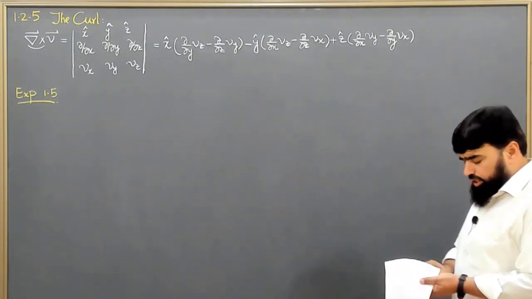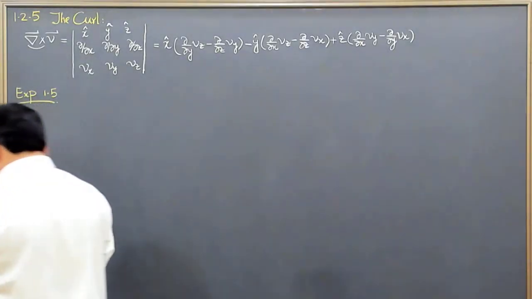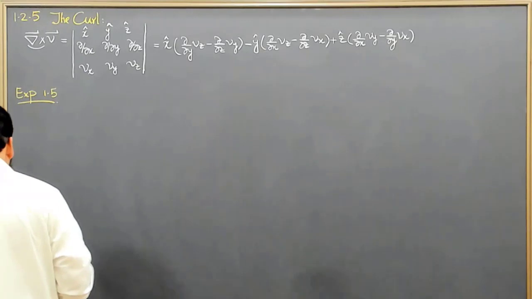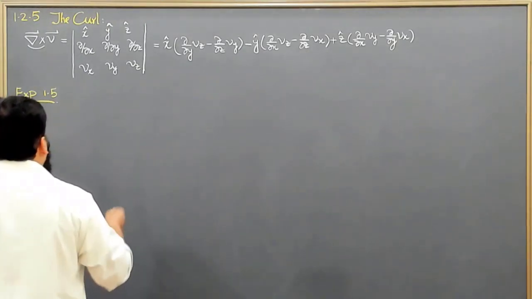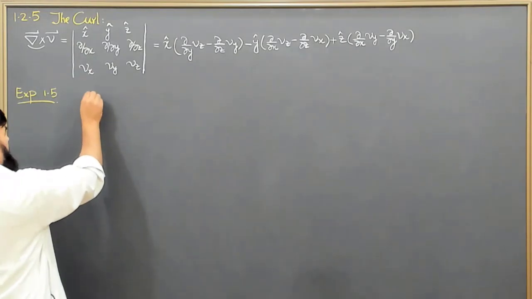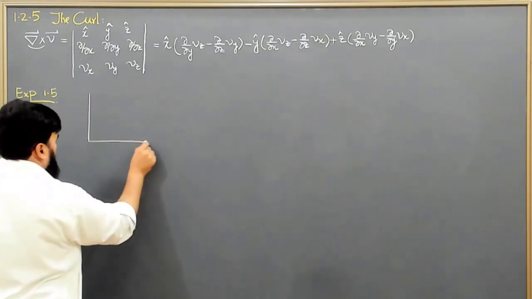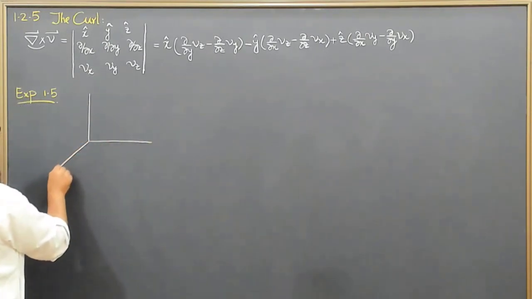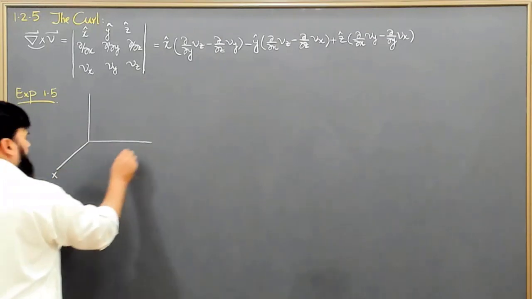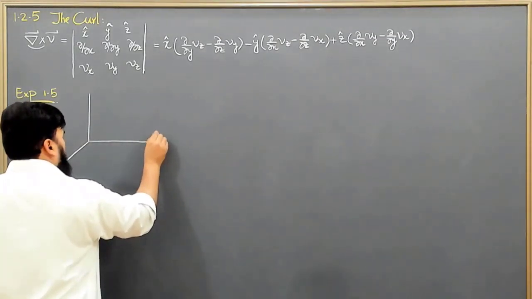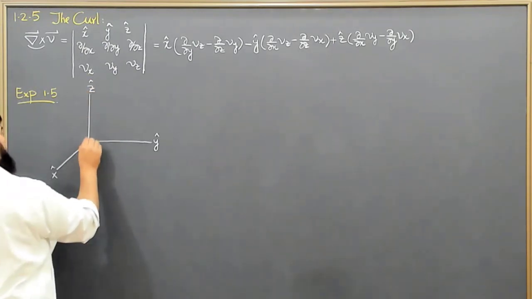Now let me draw some diagrams, and then we will write the functions for it. For example, we are having a coordinate system x, y, z. This is x and this is y, and here we are having the z-axis.